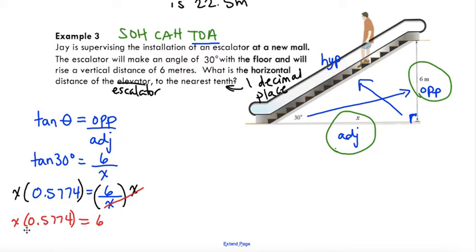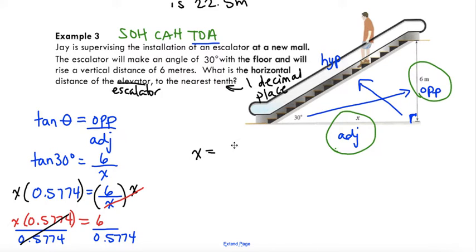Now, I also want to get rid of this number that's being multiplied by my x on the left-hand side. And remember, the opposite of multiplication is division. So I'm going to divide both sides by 0.5774. So they'll cancel each other out on the left-hand side because any number divided by itself is 1, so we're just left with x.